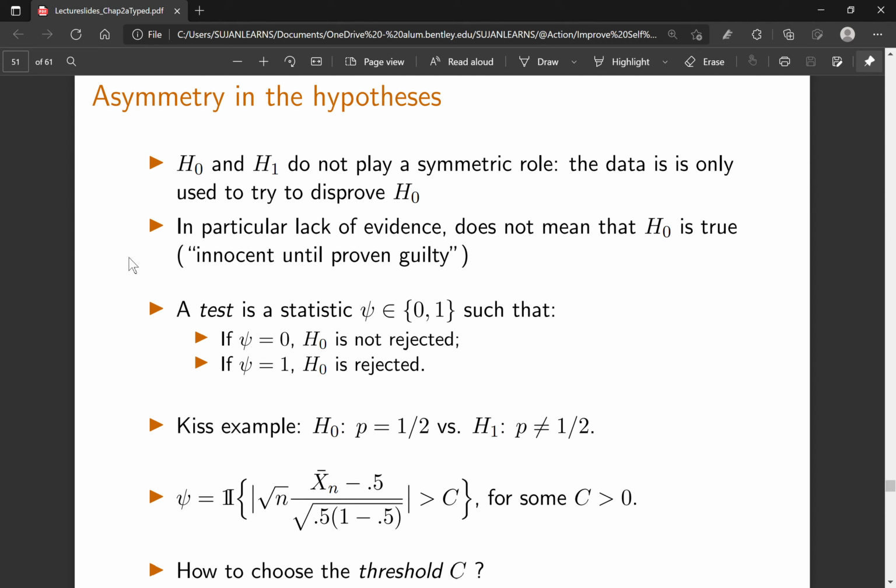Now let's move on to creating a test statistic for a case example. Here, in the hypothesis testing, the null hypothesis H0 is p equal to half and the alternate hypothesis H1 is p not equal to half.